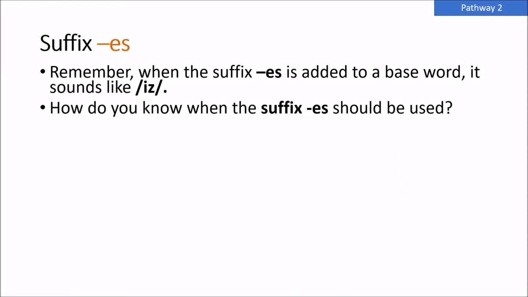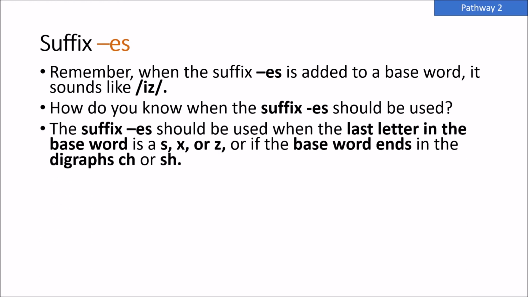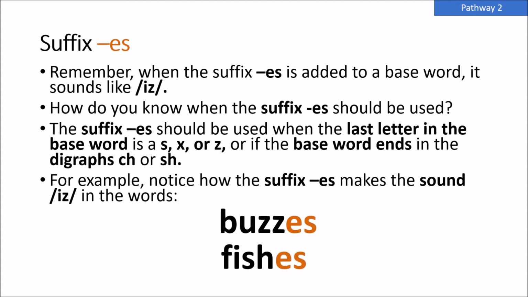How do you know when the suffix es should be used? The suffix es should be used when the last letter in the base word is an s, x, or z, or if the base word ends in the digraphs ch or sh. For example, notice how the suffix es makes the sound iz in the words buzzes and fishes.